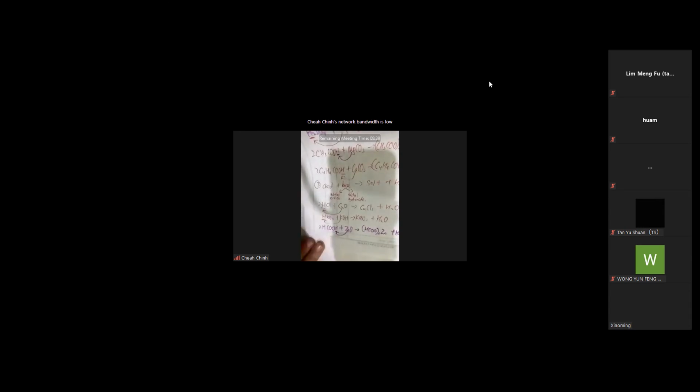And then ethanoic acid, CH3COOH, or C2H5COOH with sodium hydroxide. Same, H substituted, so you will get C2H5COONa, because sodium ion is positive charge, plus H2O. So this is the equation.